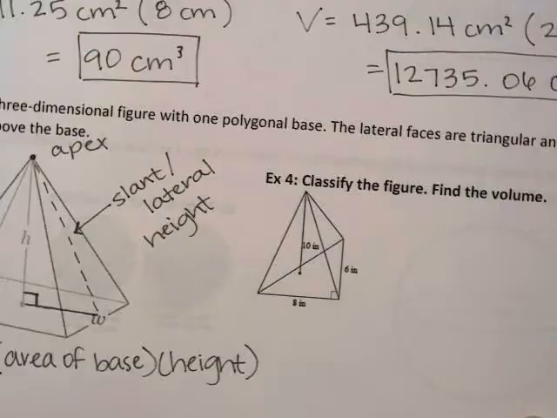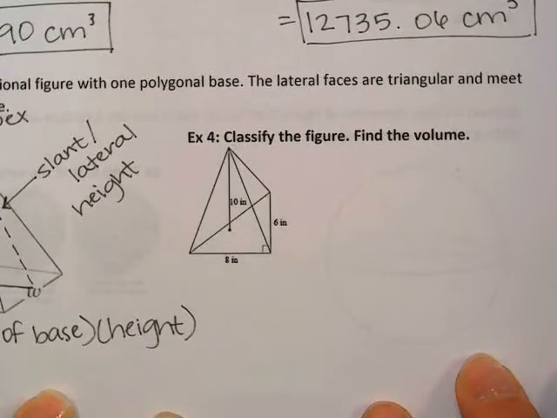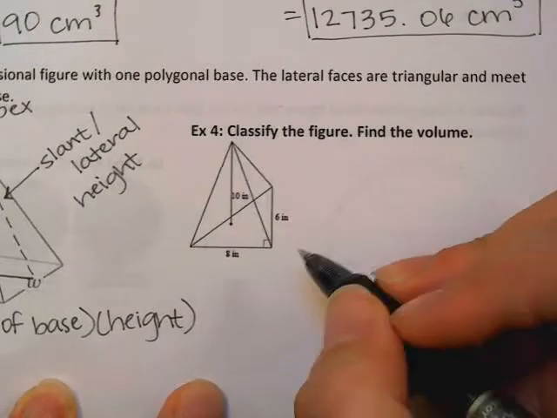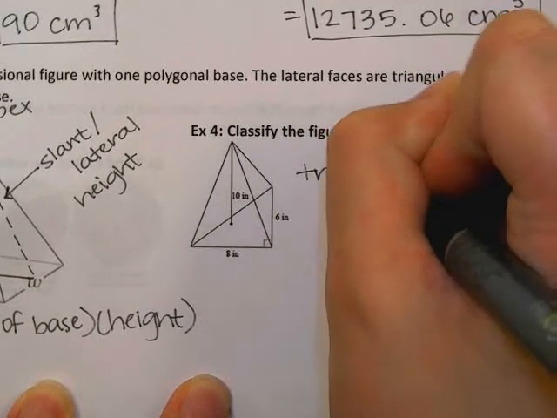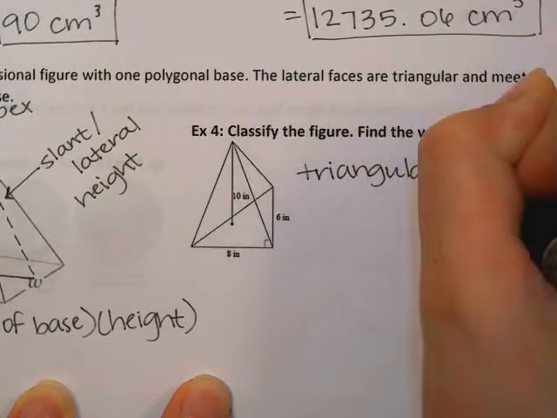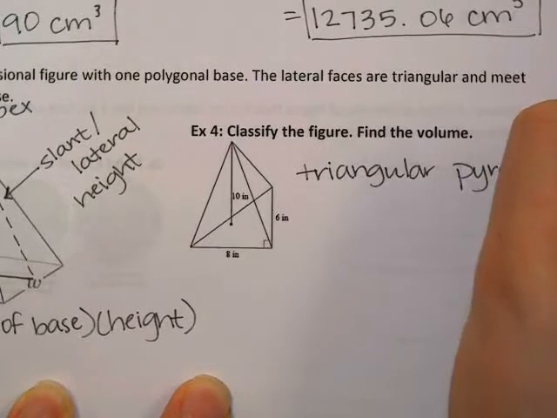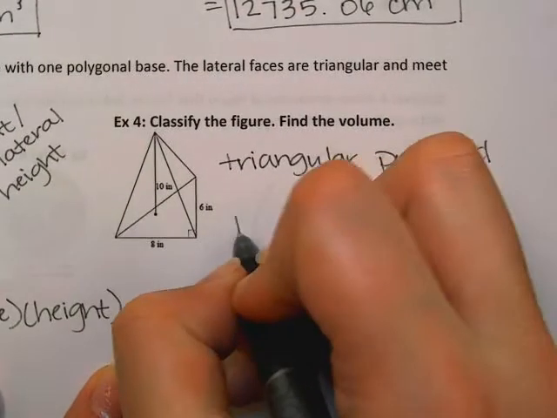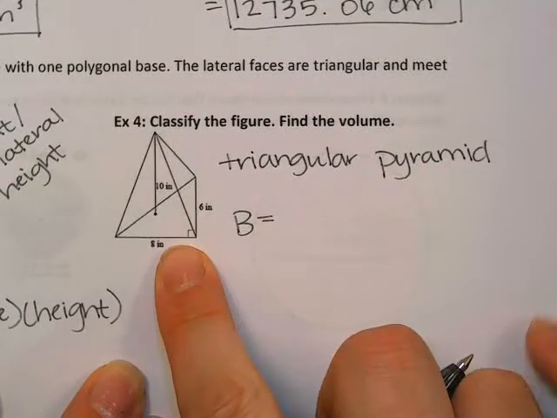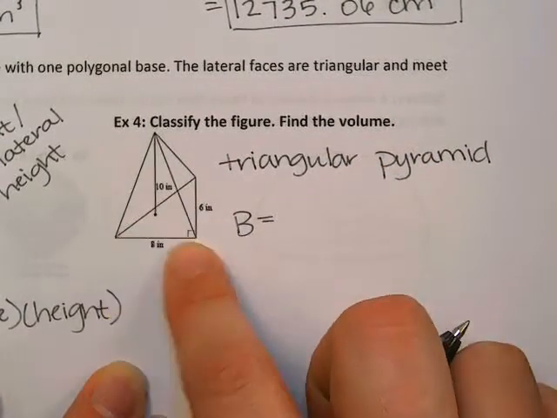All right, so with this one, we're going to go ahead and classify the figure. This would be a triangular pyramid. And so I'll go ahead and find the area of the base. So I can see that the base is a right triangle.